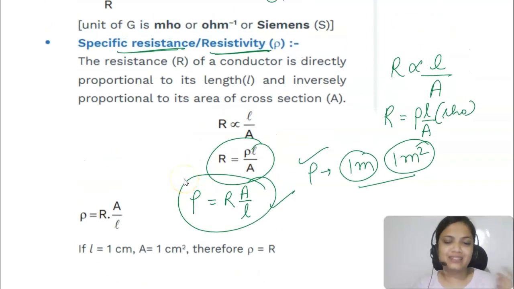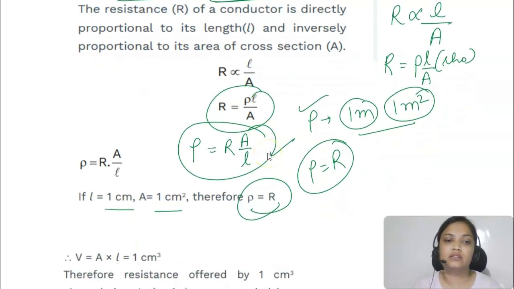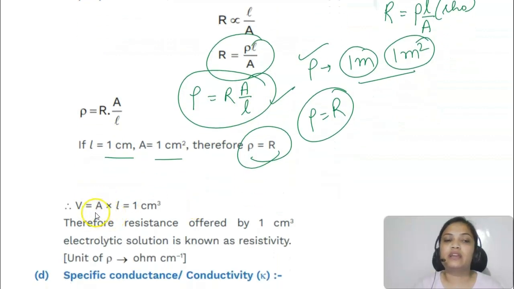We can also talk in terms of centimeter, students. If length is 1 centimeter and area of cross section is 1 centimeter square, then rho is equal to R, meaning the specific resistance will be equal to the electrical resistance. In this case the volume will be 1 centimeter cube.